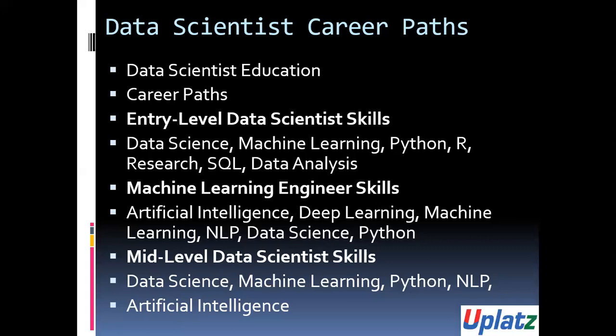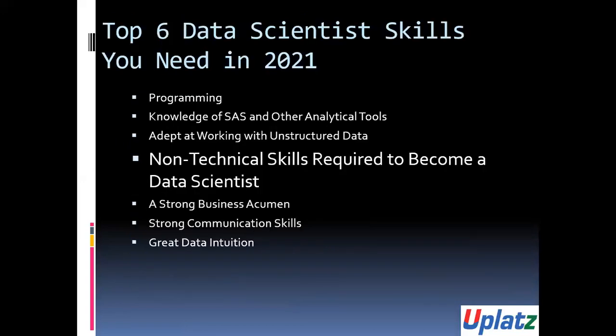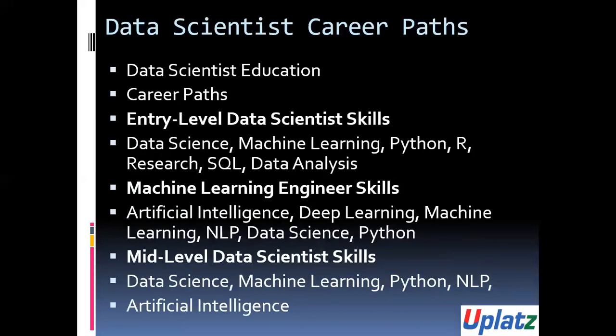Okay, so let's see them one by one. So what are the entry level data scientist skills? So the entry level data scientist skills are data science, machine learning, Python, okay, R language, research, okay, then SQL, data analysis, analytical skills, teamwork, and communication skills.